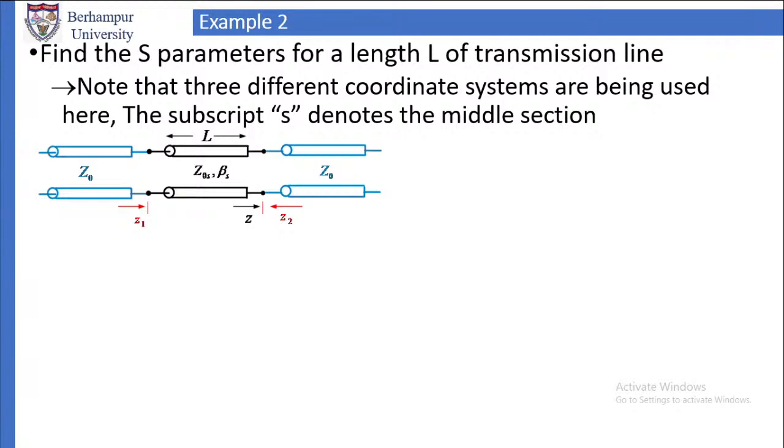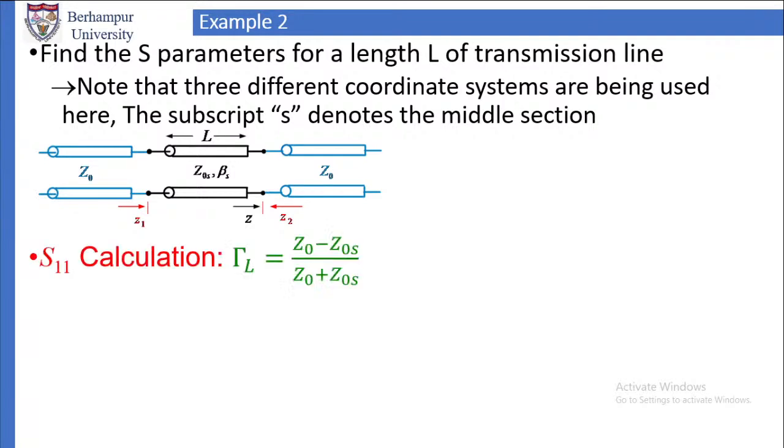Since there are three transmission lines, we will use three coordinate systems, one for each transmission line. For the left one, we will have the coordinate system which will give us Z1. For the middle one, a coordinate system which will give us small z. For the right one, which is transmission line 2, a coordinate system which will give us Z2. That is shown in the figure.